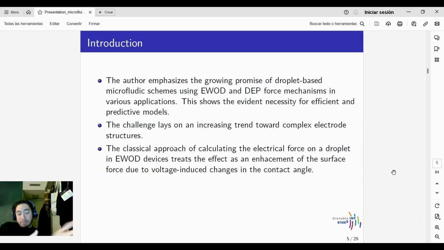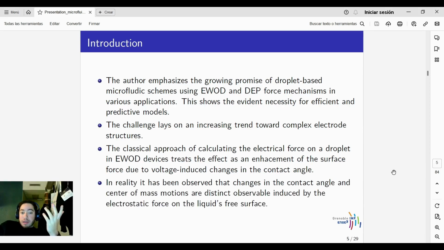Also, for example, the classical model of calculating the electrical force on a droplet in electrowetting devices refers mainly to the fact that the voltage changes that are induced in a water drop or in a liquid drop are basically enhanced to the surface force in the contact angle.